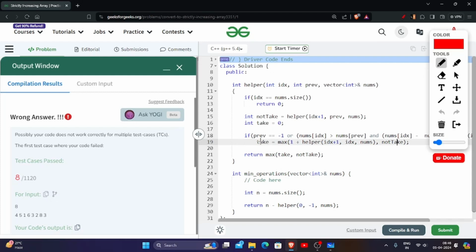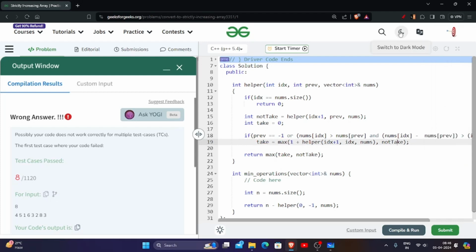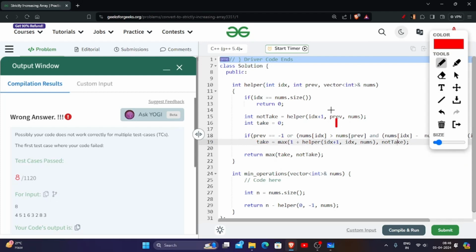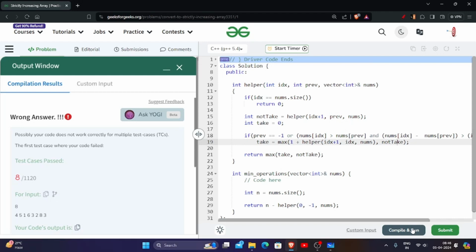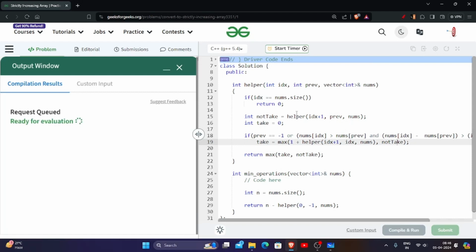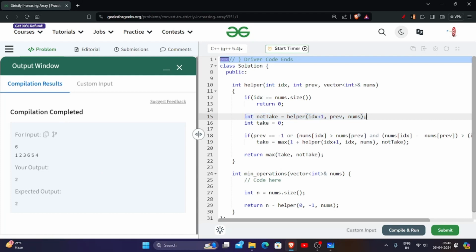And why this maximum, I have to return max of take, not take, because what if this condition didn't run? When not take is actually yielding us a higher result, and this condition cannot run because none of them follow.